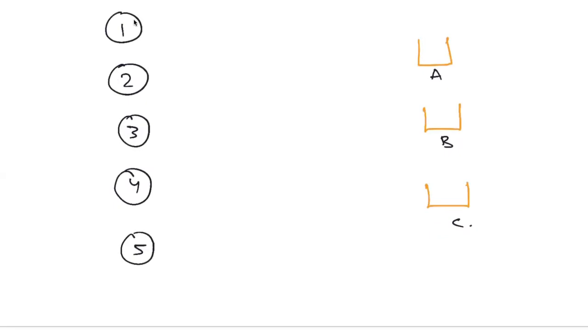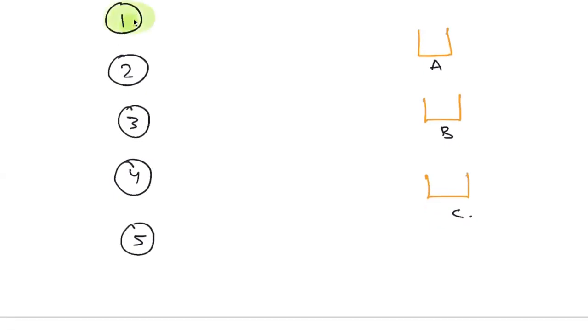And second, there are 3 bags, A, B, C, and the balls are 1, 2, 3, 4, 5. If you see in this case, how many options for ball 1 for 3 bags?